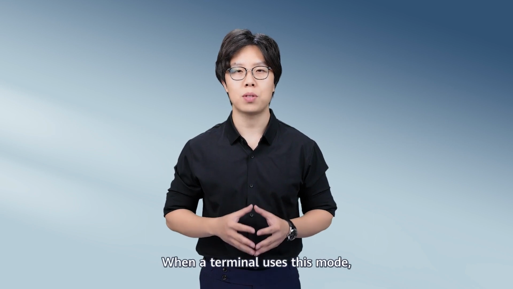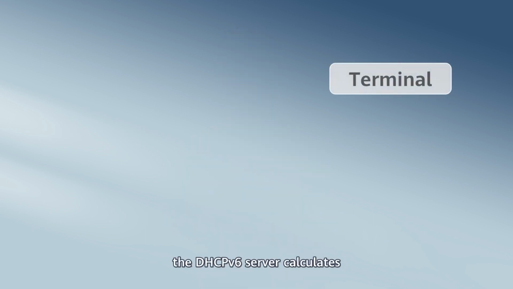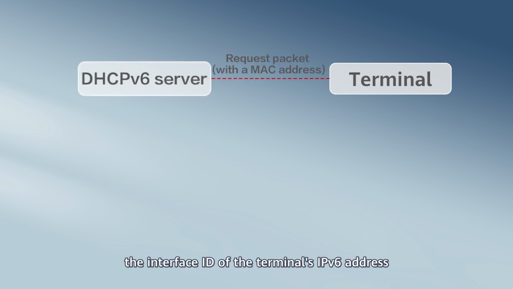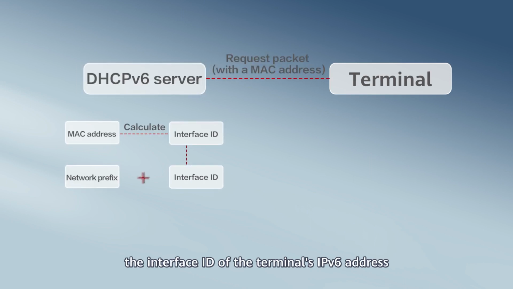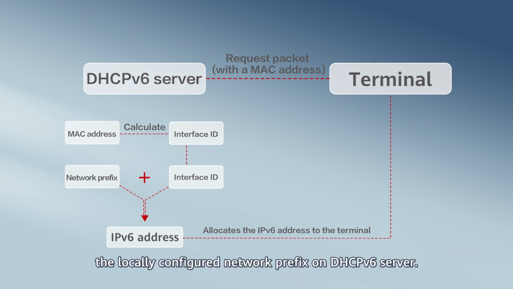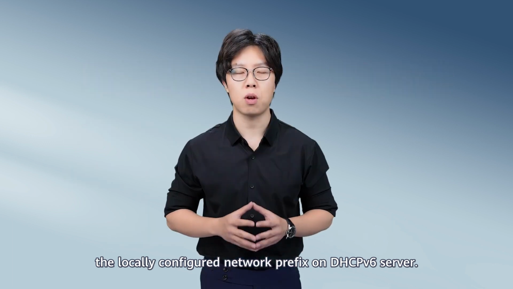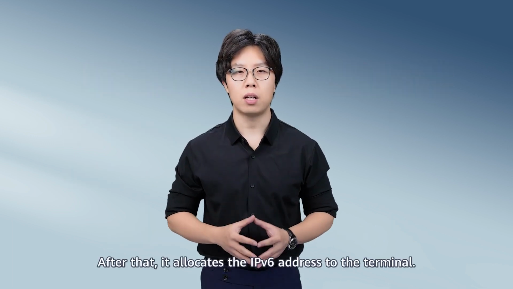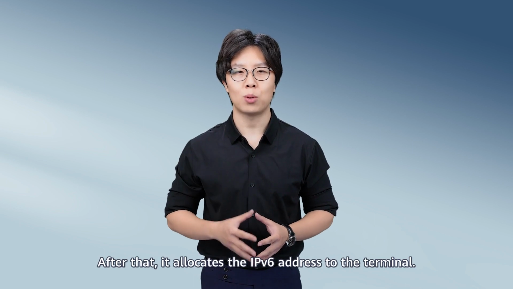When a terminal uses this mode, the DHCPv6 server calculates the interface ID of the terminal's IPv6 address based on the terminal's MAC address. Then it generates the IPv6 address of the terminal based on the locally configured network prefix on DHCPv6 server. After that, it allocates the IPv6 address to the terminal.